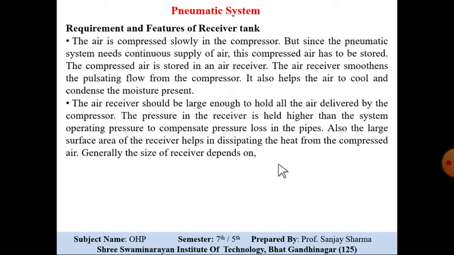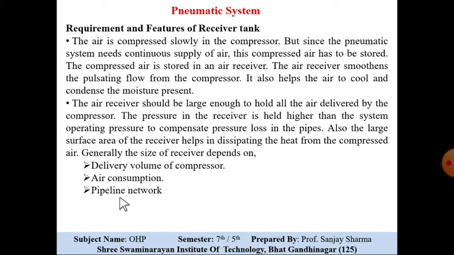Generally the size of the receiver depends on the delivery volume of the compressor, that is, how much volume it is required to deliver. So the first requirement for selecting the size of the receiver is the delivery volume of the compressor. Second is air consumption, how much air is consumed during the operation. Third is the pipeline network.